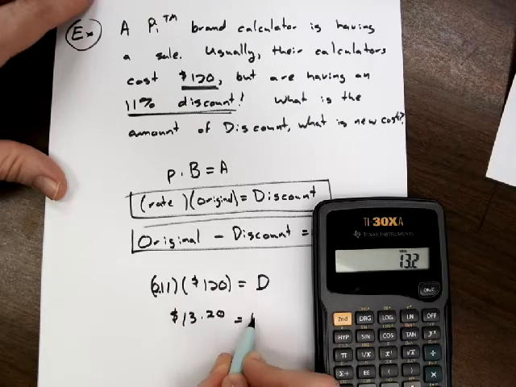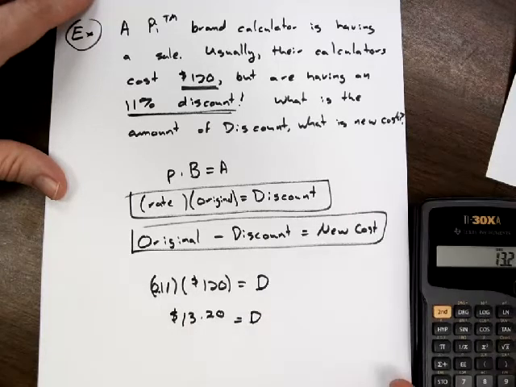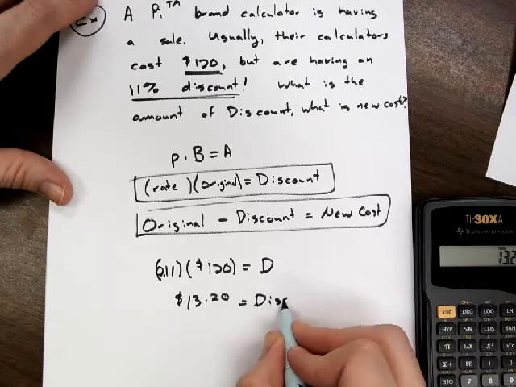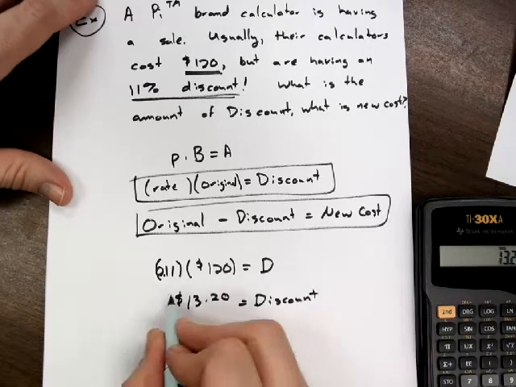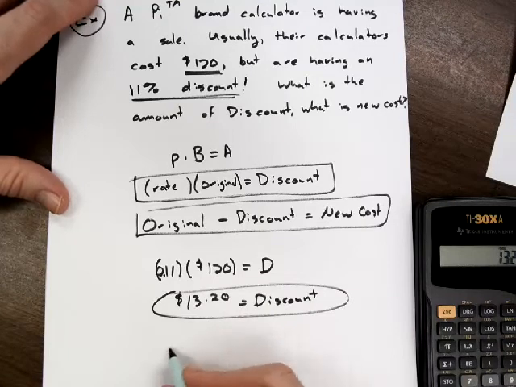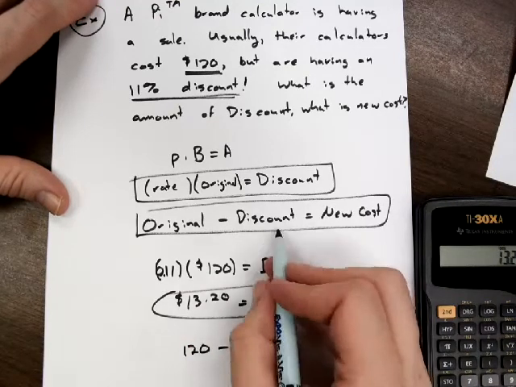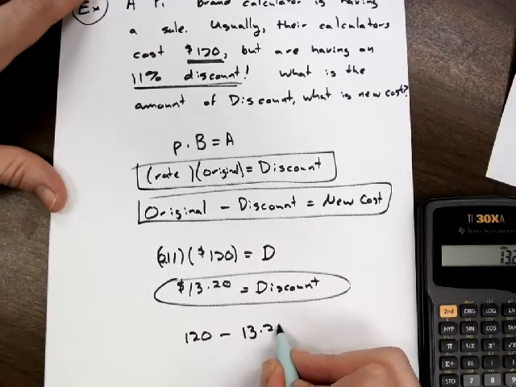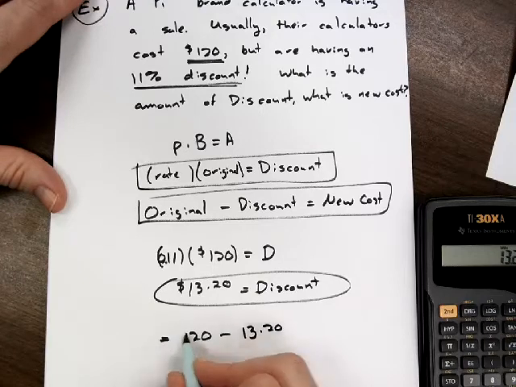Is equal to my discount. So now, when I figure out what my new cost is, I can say that if I take that $120 and subtract this discounted cost of $13.20, that's going to be equal to my new cost.